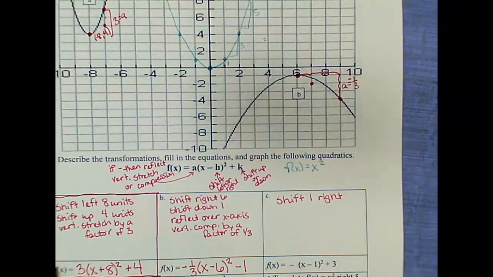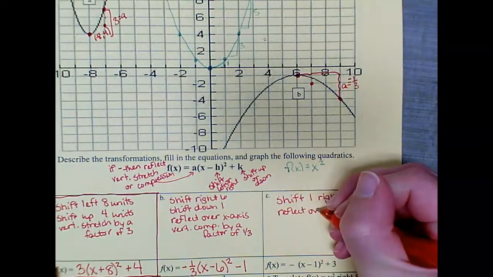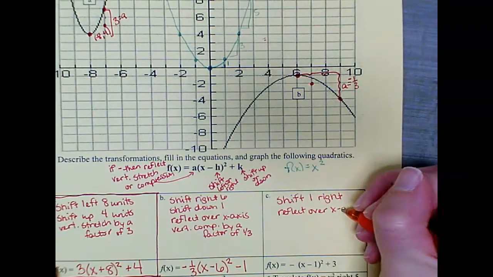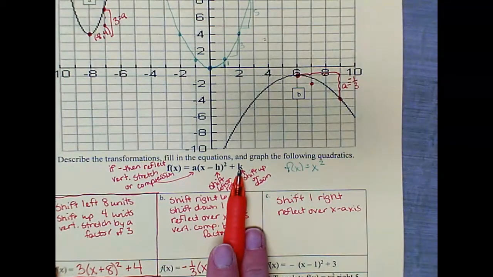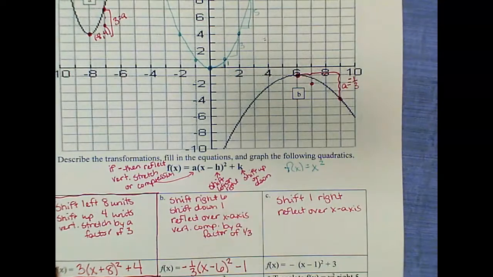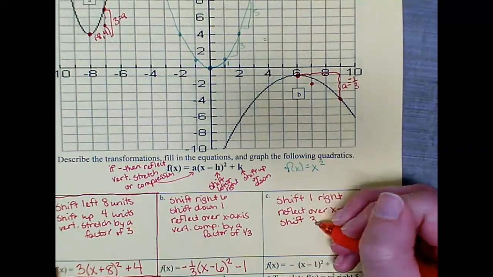Whatever is in parentheses is a lie. What about here? What does that mean? That means we reflect over the x-axis. And then what does this mean? That looks like it goes right here, so it's a shift up or down. If we have plus 3, then we shift 3 up.